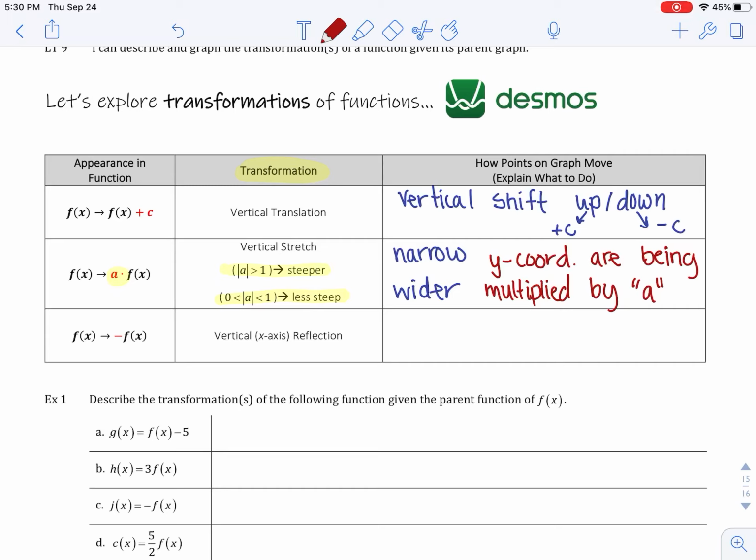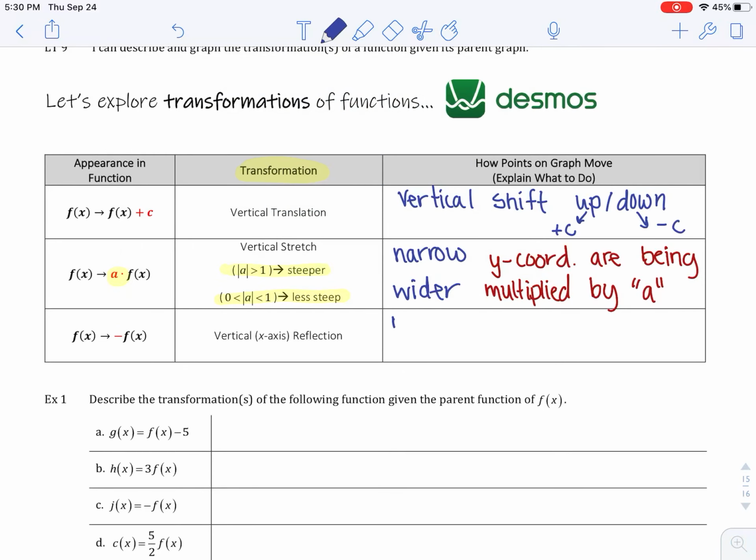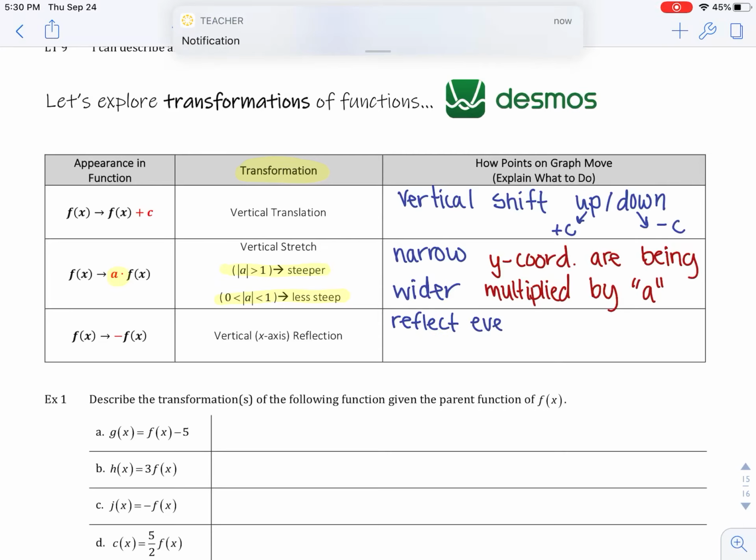And the last transformation is a vertical reflection. We have to know that we are going to reflect every point that's on our graph over the x-axis.